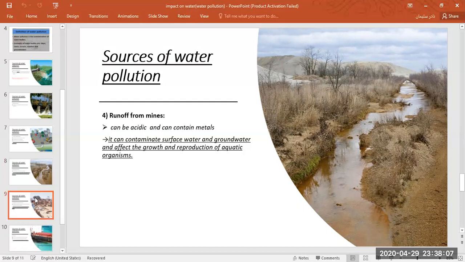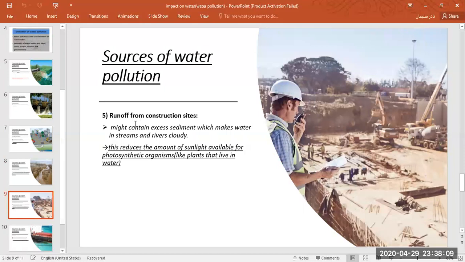Now the fifth one, number 5, is runoff from construction sites. As you see here in this picture, here is a construction area. And as you know, people don't stop building houses or building malls.